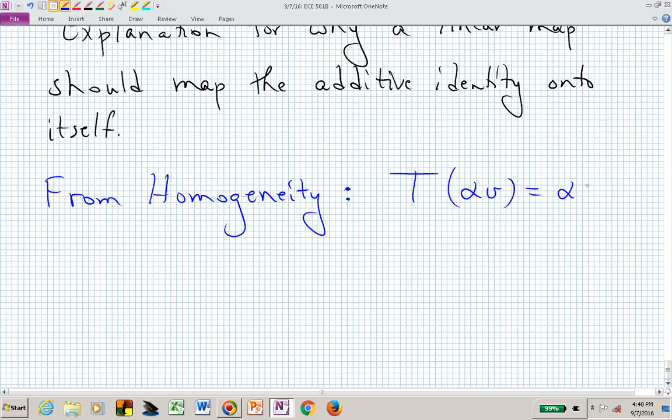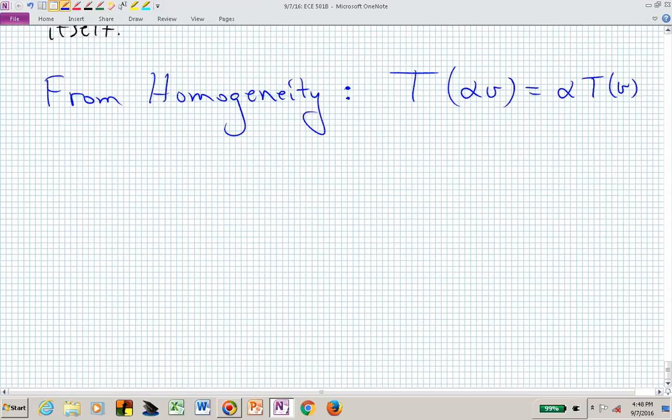That's supposed to be alpha T of V. And what's one of our propositions from chapter 1? If I take 0, or let me take that back, this is now from chapter 1.